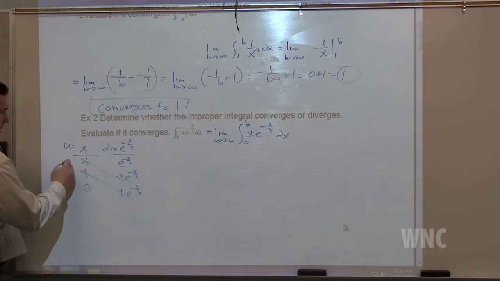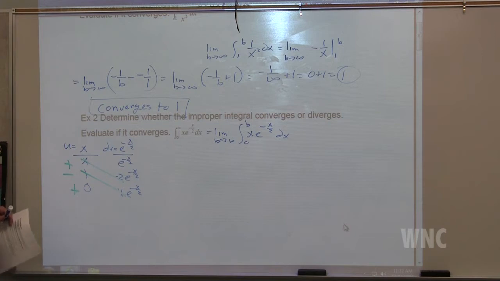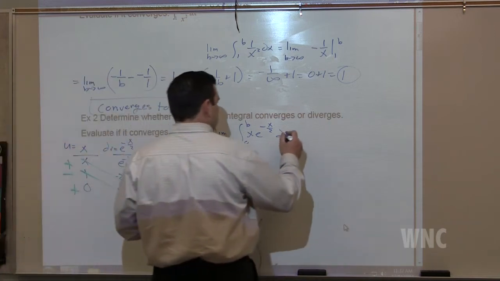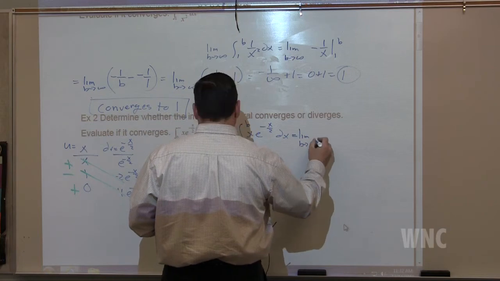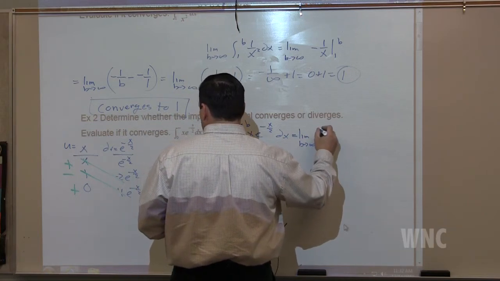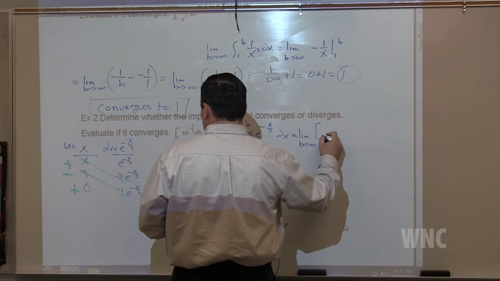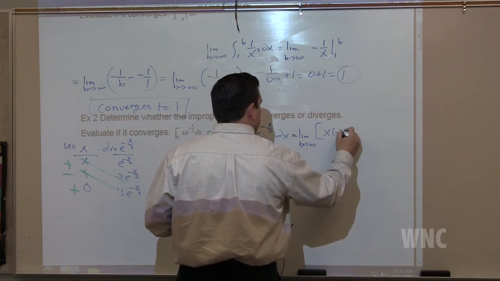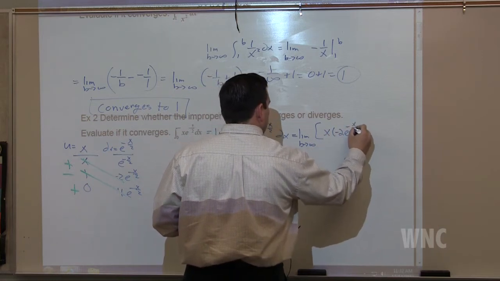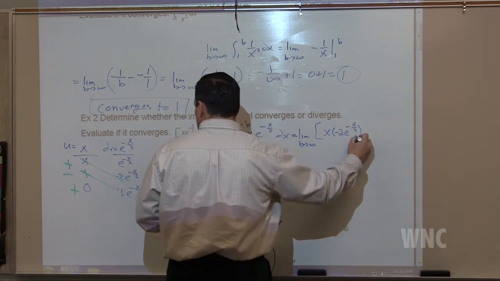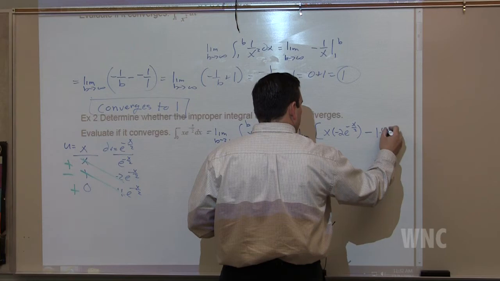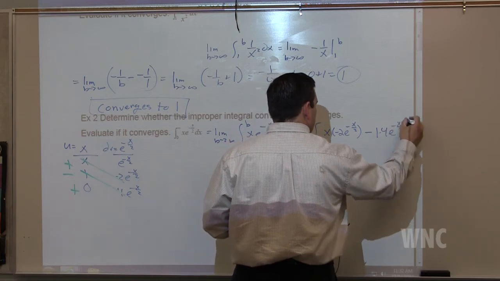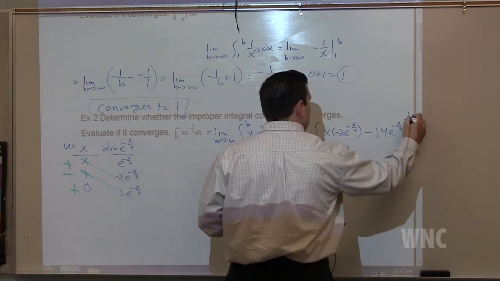And the signs go plus, minus, plus. So we have the limit as b goes to infinity of x times negative 2e to the negative x over 2 minus 1 times 4e to the negative x over 2, from 0 to b.